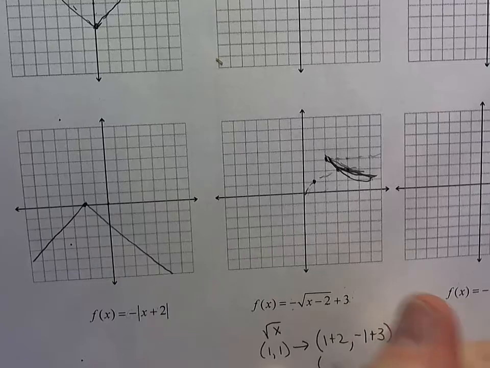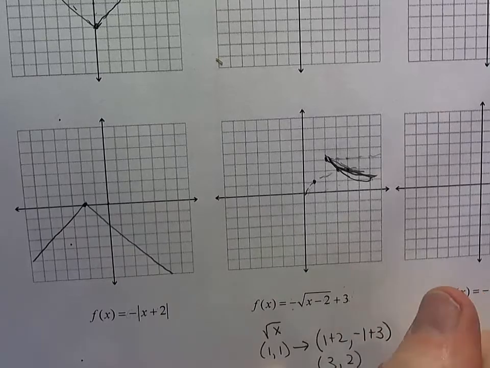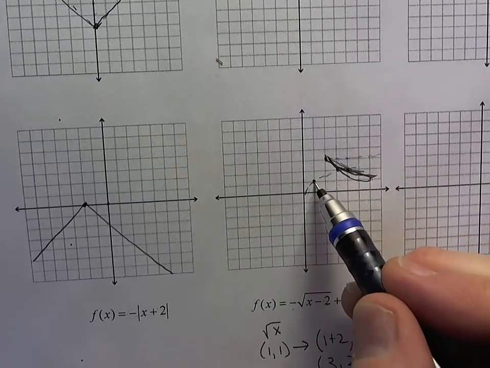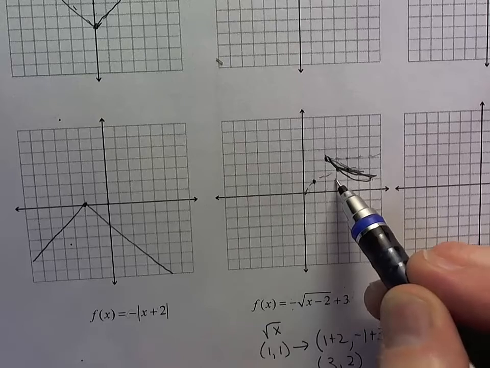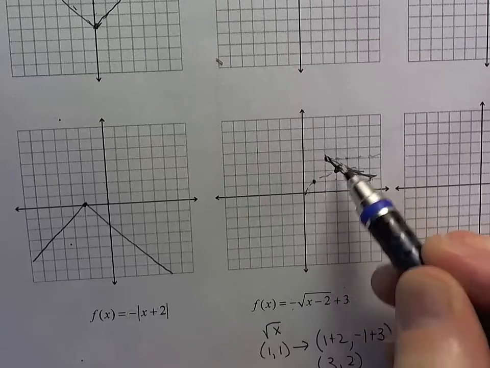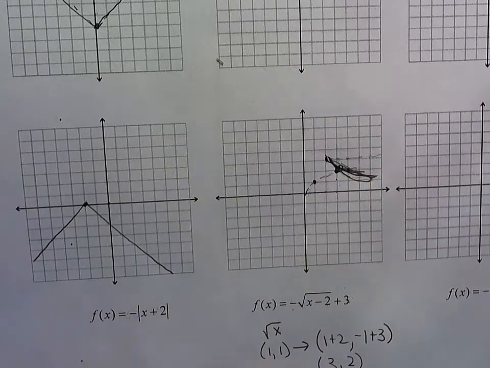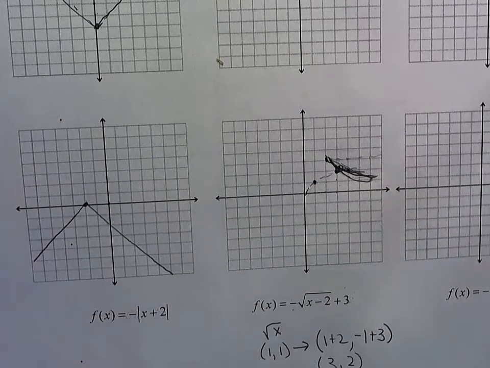So we have now this point 3, 2. So this point 1, 1 is now going to be over here 1, 2, 3, and up 2. So right there. I realize my graph is really bad, but hopefully it was good enough so that you see what's going on. Any questions?